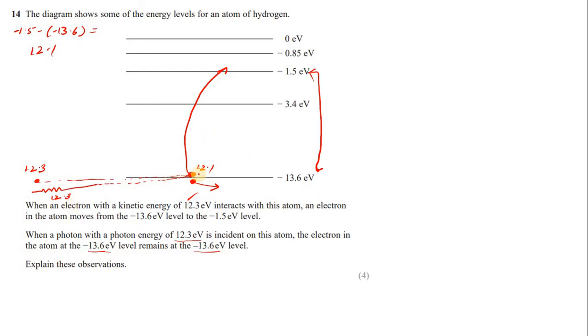So in this case, this electron is going to receive not 12.1, but 12.3 electron volt of energy. And if you use your calculator, there are no two shells which have an energy difference of 12.3. So even after absorbing the photon, the electron cannot move to any of the other shells.